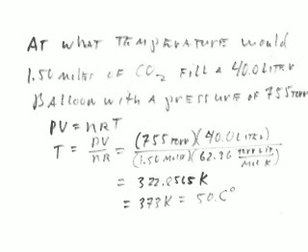And in this case, the R has to be the one that includes torr. So 62.36 torr liter moles Kelvin. Do the calculation, 372.8565 Kelvin, which is 373 Kelvin, which is 50 degrees Celsius.